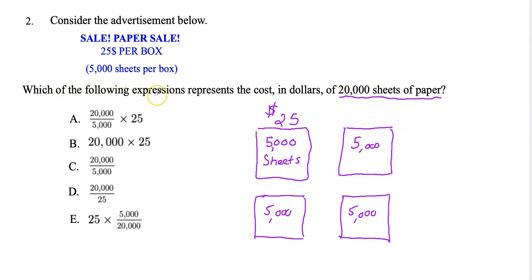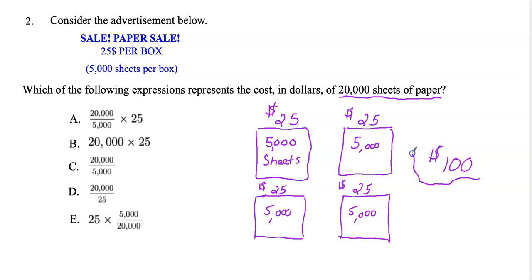And each box costs $25. So what do you think the total cost is going to be for 20,000 sheets? Well, we just add up the $25. It's 25 plus 25 plus 25 plus 25, which is $100.